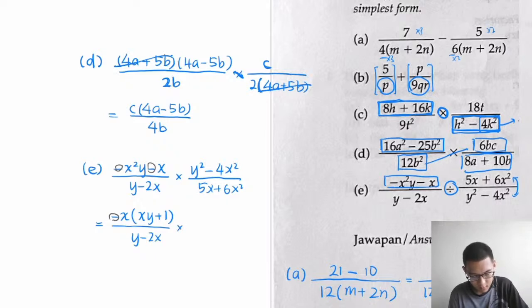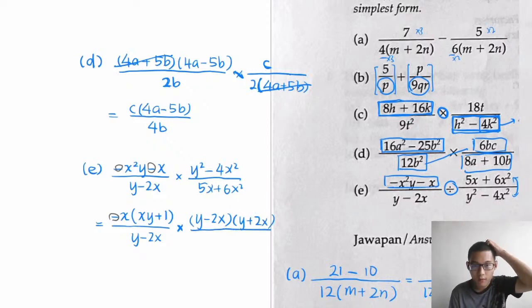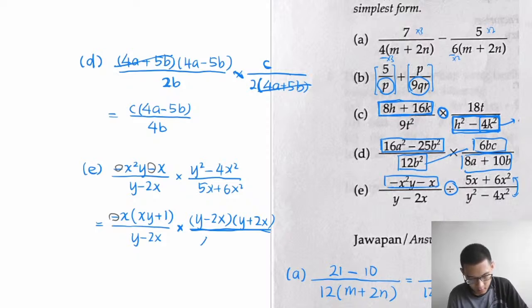We can simplify because both are the difference of perfect squares, so we get y minus 2x, y plus 2x. Or sometimes we like to minus first then plus, so you can try. Make sure both are different signs. And then this one, 5x plus 6x squared. We have x common, 5 plus 6x.